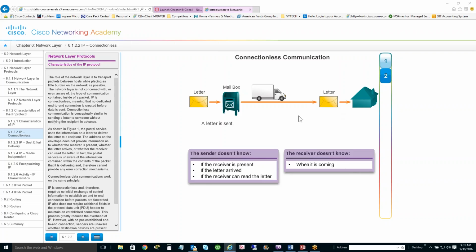It's connectionless, so the receiver doesn't know it's coming. It just shows up. And the sender doesn't know if the receiver's there, if what they've sent ever got there, and if the receiver can even read what I've sent them. So you're thinking, well, then how does this work?